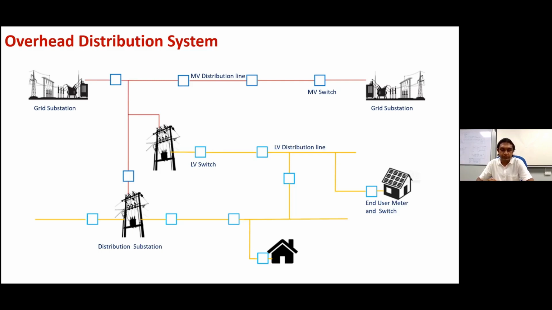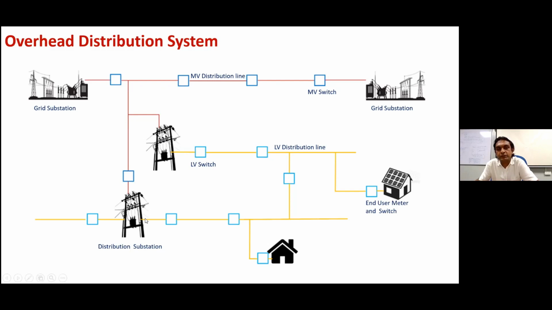However, due to various reasons, the network is constructed radially in special situations. Here you can see we have a grid substation, and another grid substation at the other end. And here we can see an MV distribution line, and also in the overhead system a distribution substation.